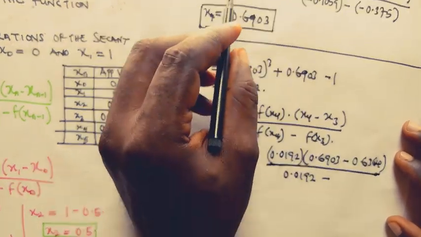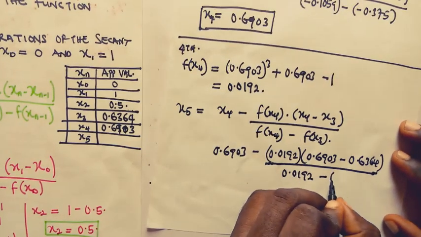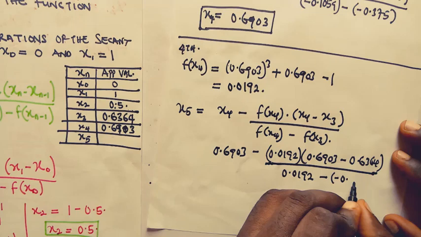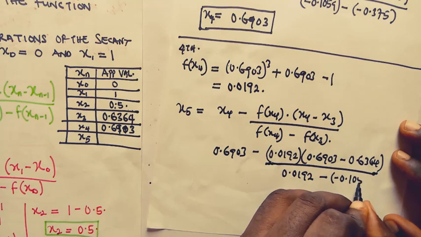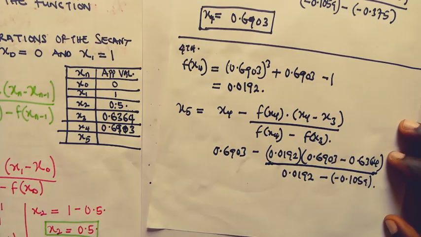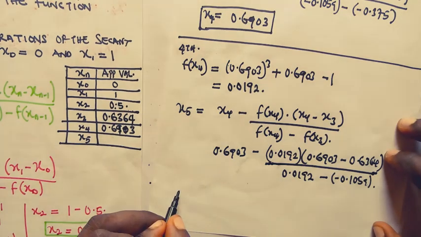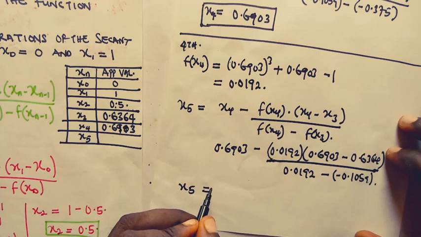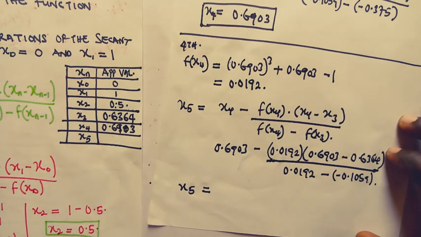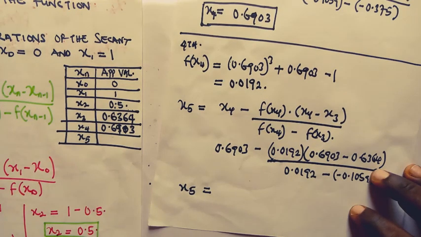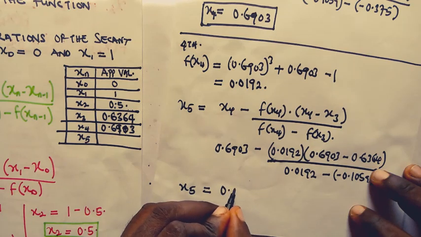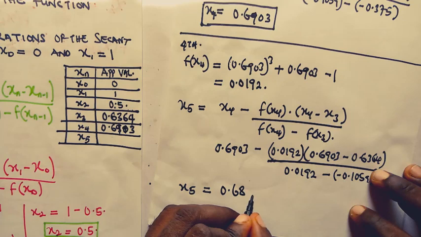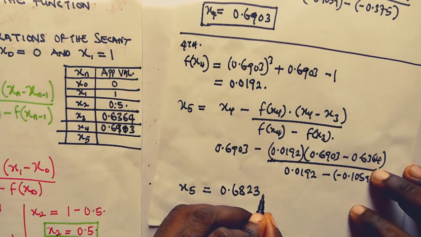F of x3 can be deduced from here, minus 0.1059, and of course x5, after doing all of this, will be equal to 0.6823.